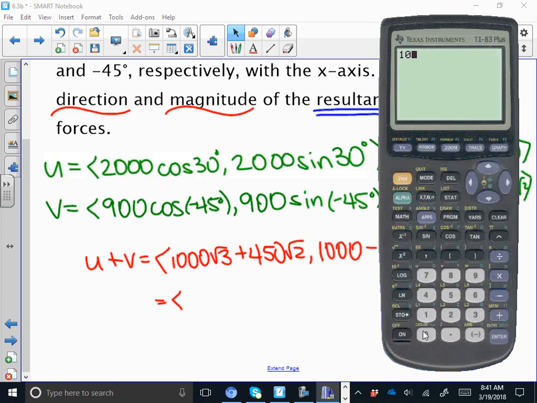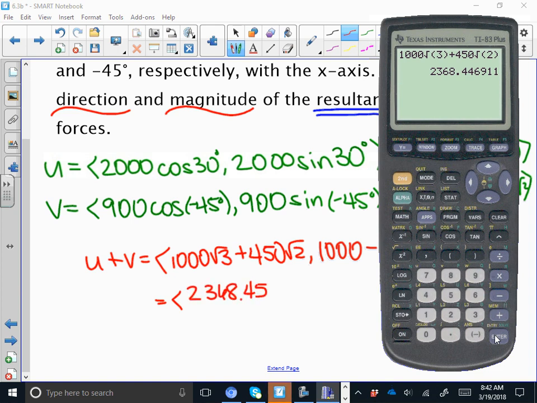But let's put in 1000 radical 3 plus 450 radical 2. I know that I'm going to have to use that number for both our direction and our magnitude. So I'm going to write down that it's 2,368.45.